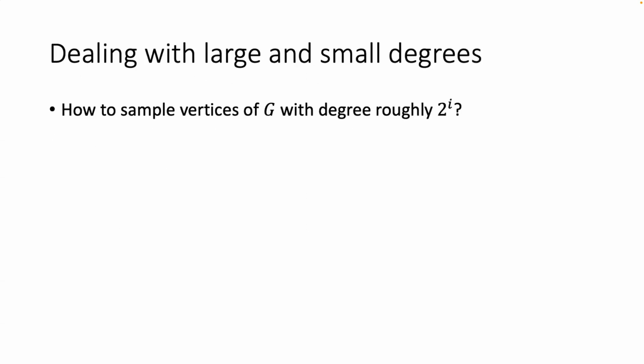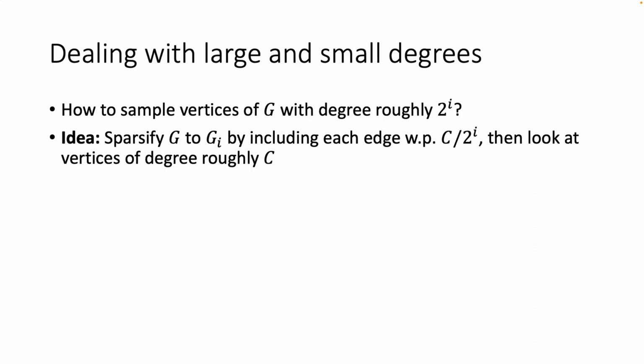So the question is, how can I sample vertices with degree roughly 2 to the i? The trick that we use is to do some sparsification. You take the graph and sparsify it so that high degree vertices now have low degree, and then you can look at which vertices have low degree in the sparse graph. There's some back and forth there.